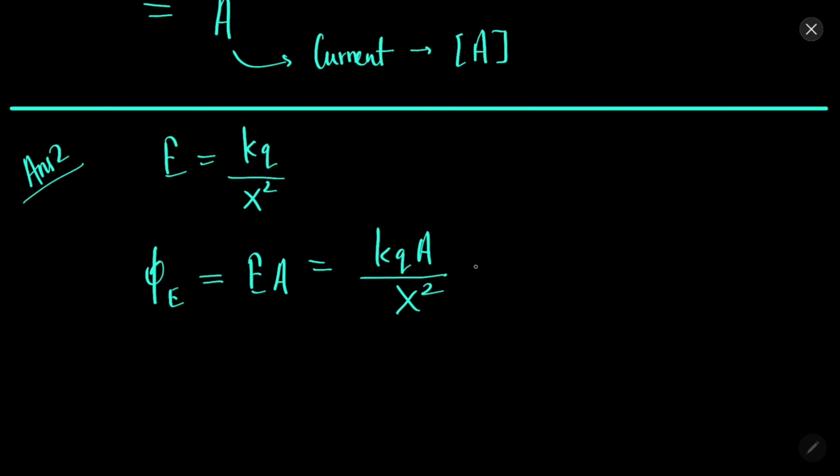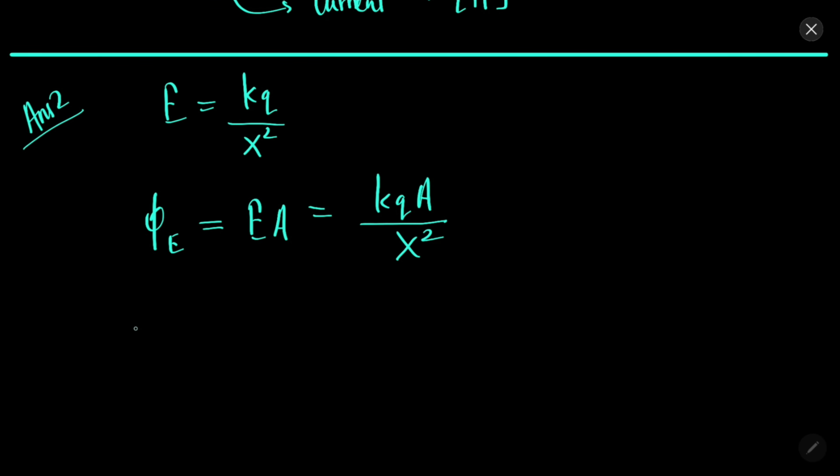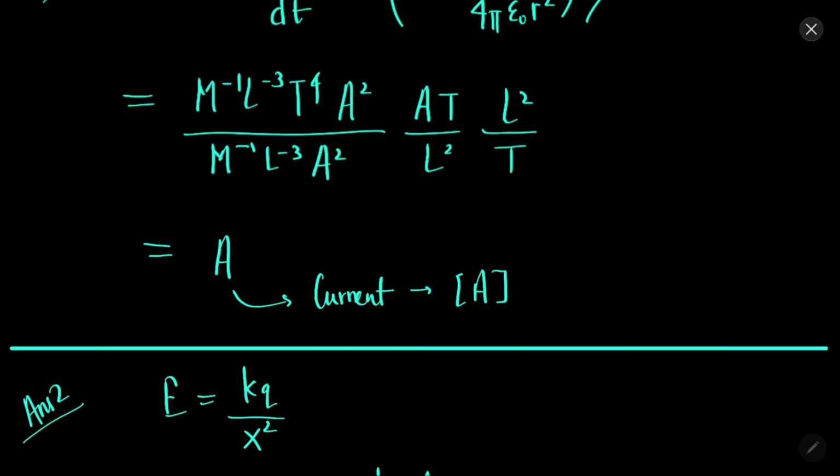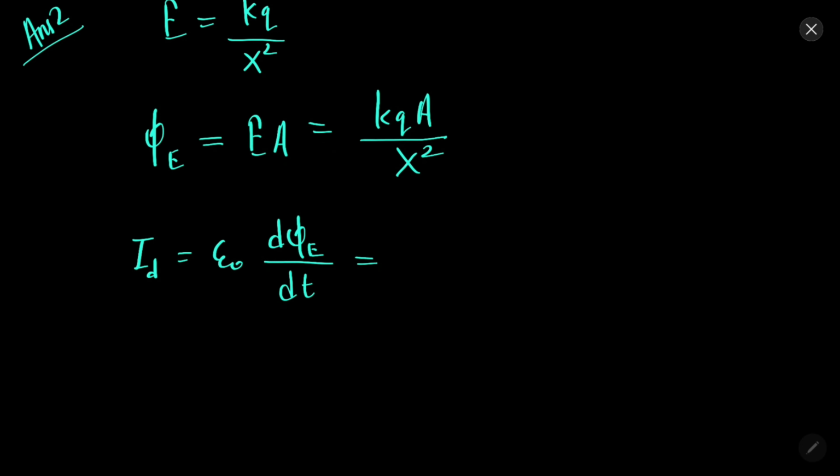So ultimately the displacement current will be epsilon naught d phi by dt. So it will be epsilon naught kqa over x square and d by dt.